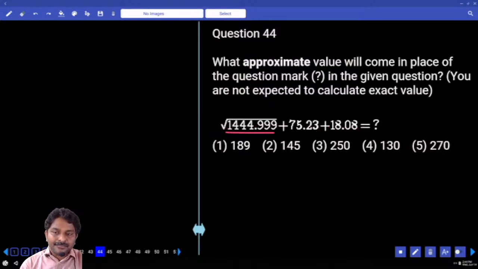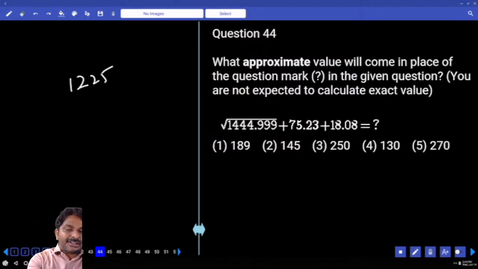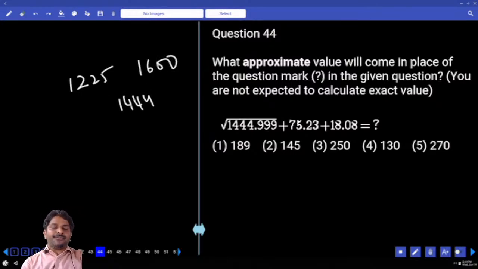1445. 30. Okay. If it doesn't come, suppose, 35 square is 1225. 40 square is 1600. So our number is between these two numbers only. If it is 1444, is it close to 1225 or 1600? 1600.